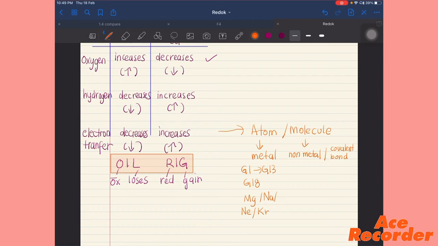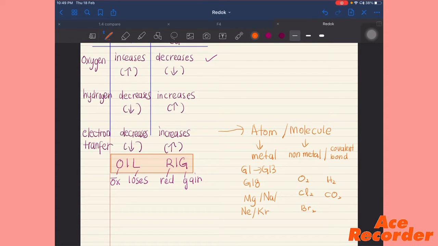Example, oxygen gas, always O2 because it is diatomic. Chlorine gas, bromine gas, hydrogen gas, carbon dioxide gas. Normally it is in gas state. So for a molecule, everything you must copy as it is. You don't have to put any charges.